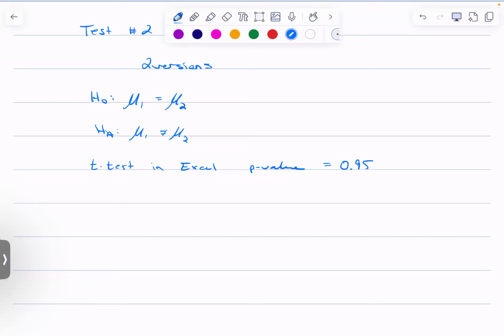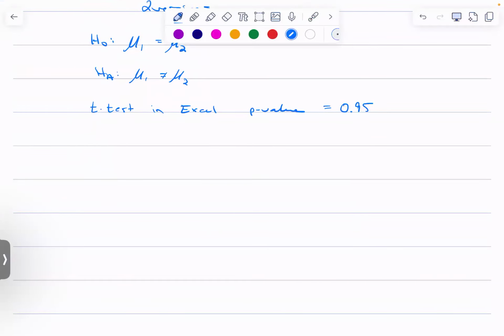And that's a good thing, right? Because if you're putting out 2 versions, you should probably make sure that they are equivalent. And so they are. In fact, this p-value is crazy. So close to 1, right? So I'm not concerned at all.